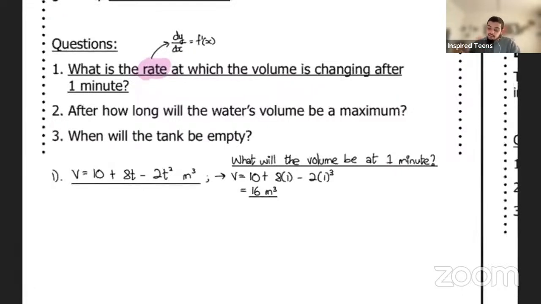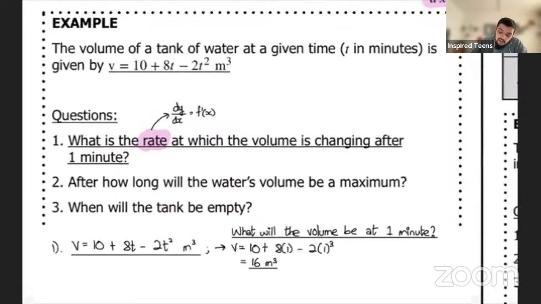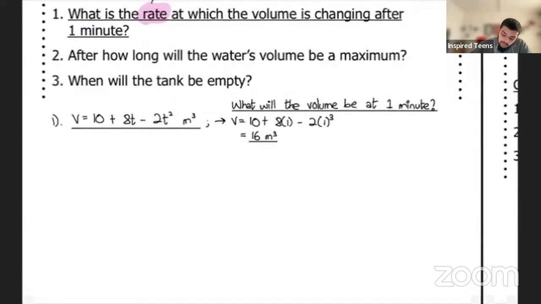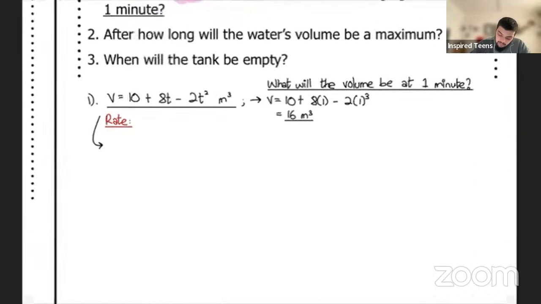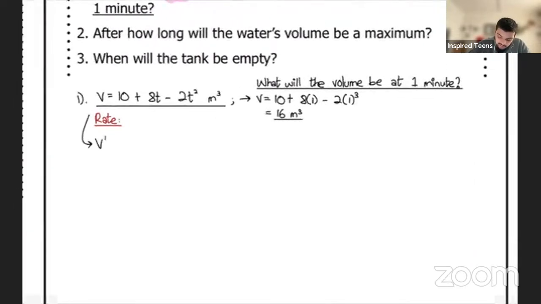If they ask you what is the volume at 1 minute, you have a formula that tells you what the volume of the water will be after a certain amount of minutes, t. So that's a simple question. But they want to know what will the rate be. So how do we calculate the rate? The rate of volume change can be calculated by deriving the volume formula.